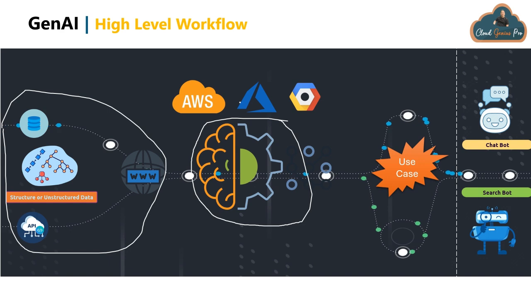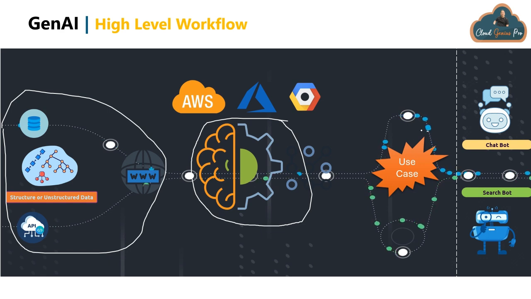For information, let me tell you that AWS Bedrock, Microsoft Copilot, and Google Vertex AI to be precise, are the core GenAI large language model platforms which all the predominant hyperscalers are providing to their end customers.